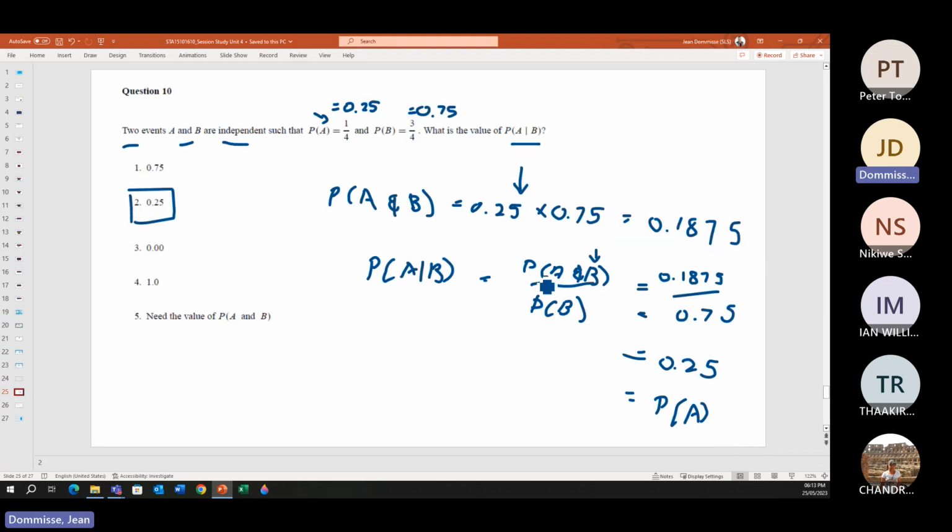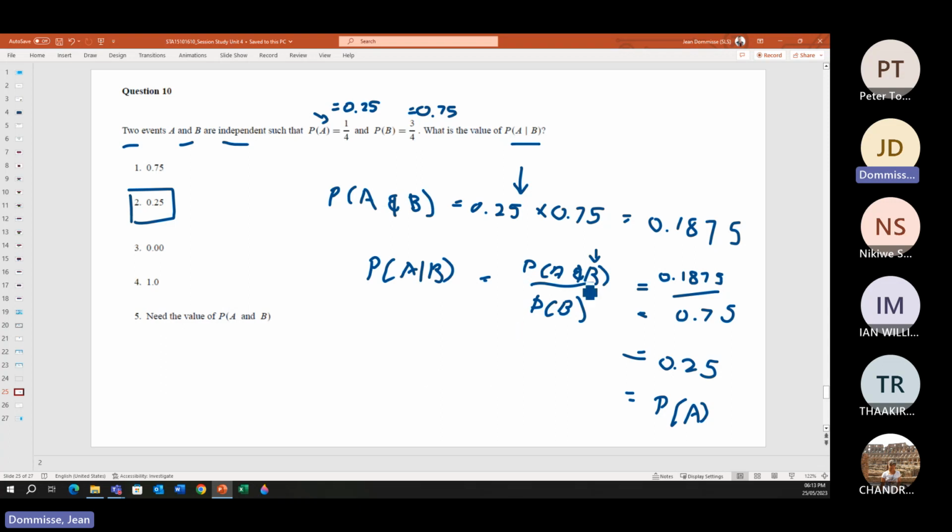I know it is in the study guide, but when two events are independent and you need to look at the given, the answer will be the other probability.